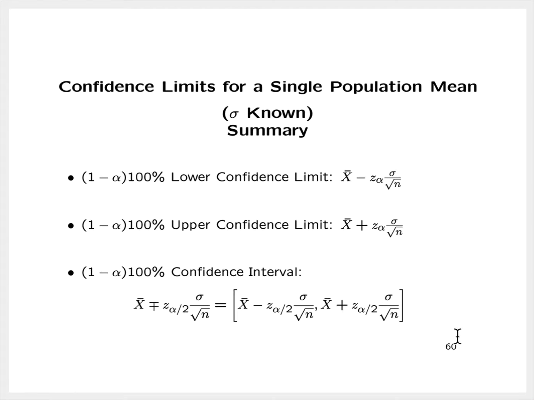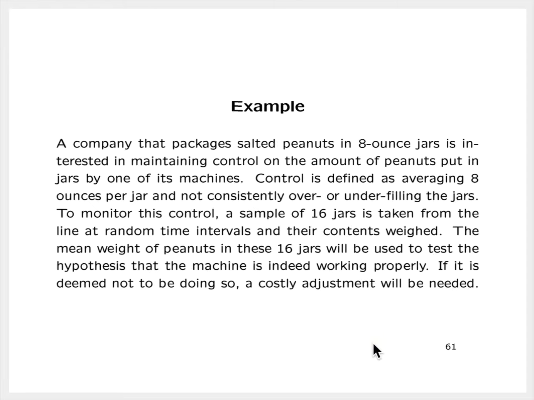But for the two-sided confidence interval, in the subscript for z, we have alpha over 2. All right, and so we have two endpoints to calculate, and so we're putting half of the alpha beyond the lower endpoint, half of the alpha beyond the upper endpoint, and so that's why we have that. So just make sure that you're aware of this.